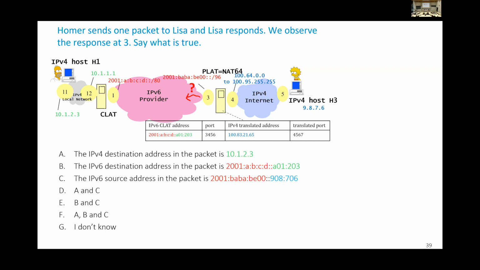I'm closing the poll. And the majority says B, which is only partly true. The IPv6, the correct answer is B and C. The IPv6 destination address is the mapped address, mapped with this prefix here that's specific to Homer's installation.